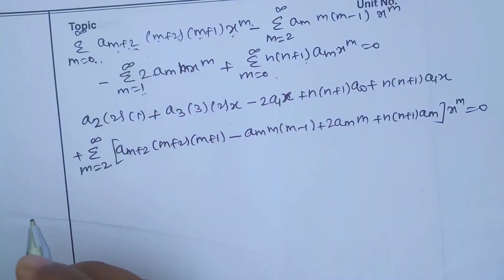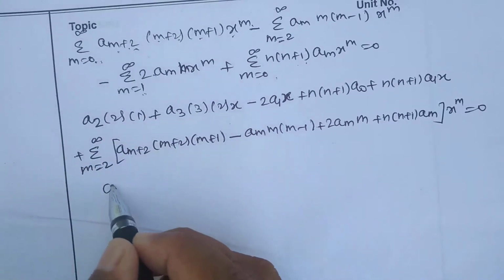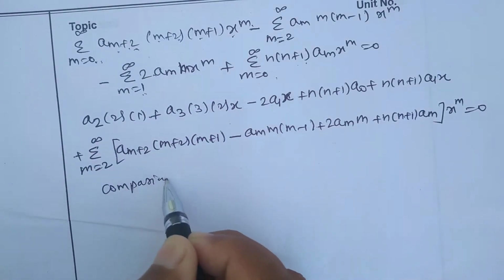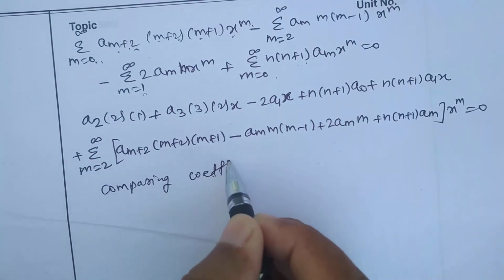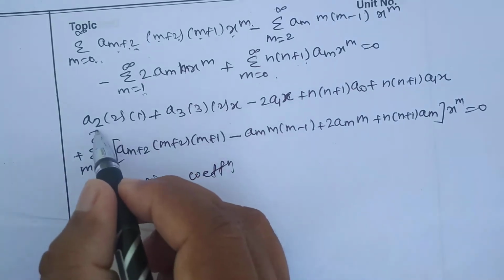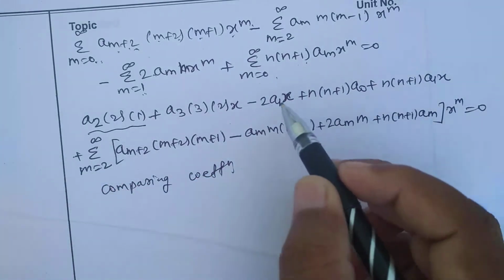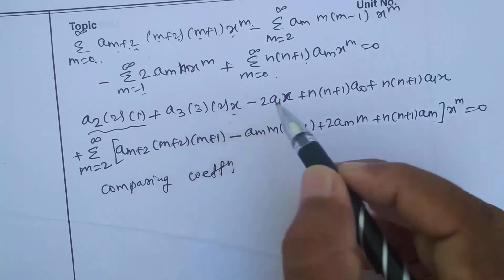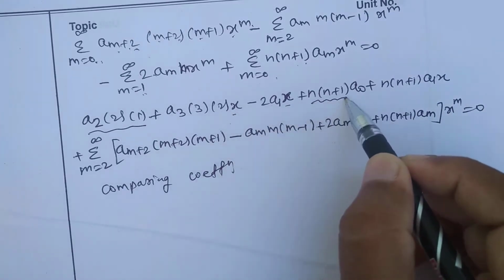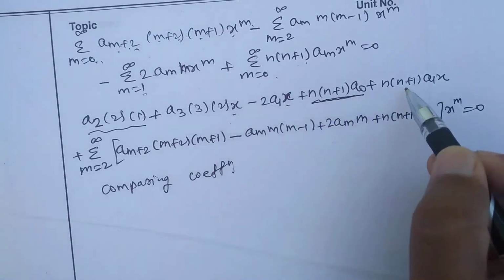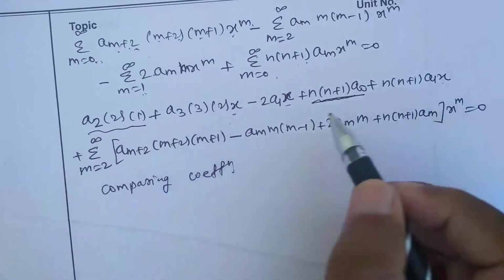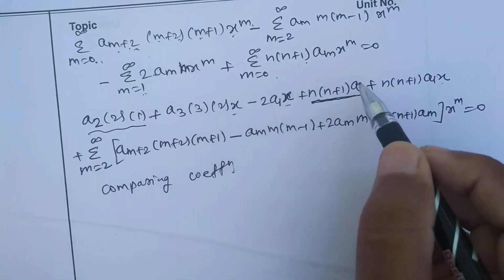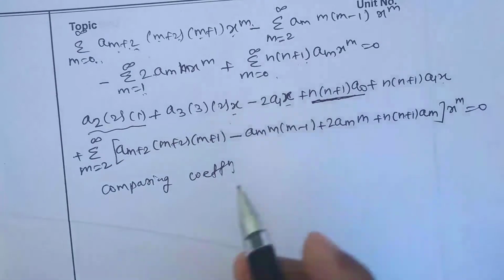So first of all, comparing the coefficients of the constant term. Here is a constant term, then this term is not constant, this is also not constant, this is a constant term, this is not constant, and the remaining terms are not constant. So there are two terms which are constant, equated to 0.